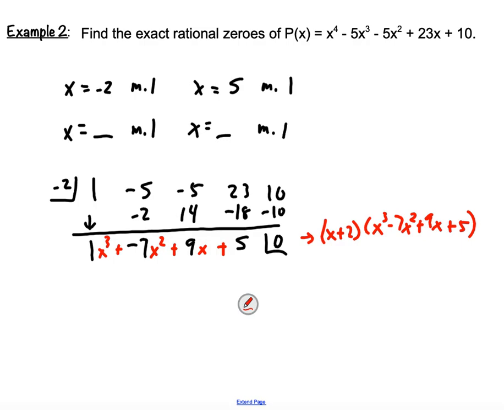If you were to multiply that out, you'd get right back up to the polynomial. Well, we already know that negative 2 is a 0. We already found that to be.